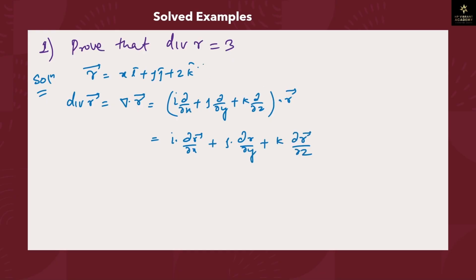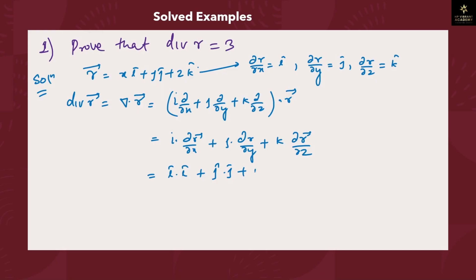Okay, so from here we have del r upon del x as i cap, del r upon del y as j cap, and del r upon del z as k cap. So we have this as i cap dot i cap plus j cap dot j cap plus k cap dot k cap, because the value of del r upon del x is i cap, del r upon del y is j cap, del r upon del z is k cap.